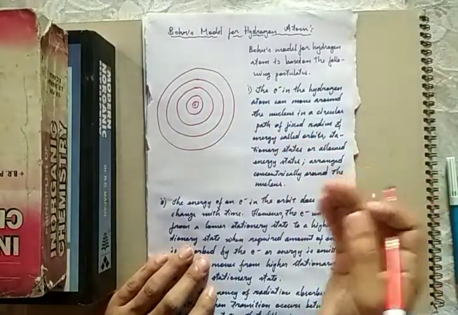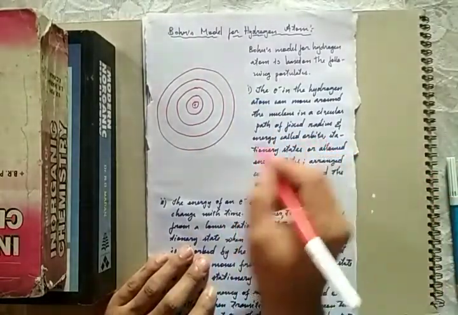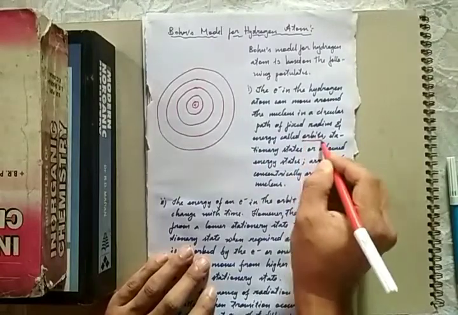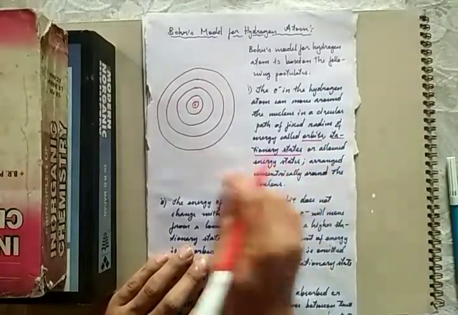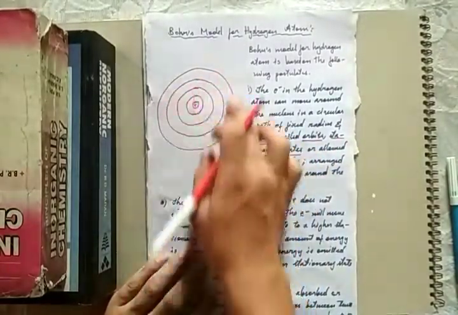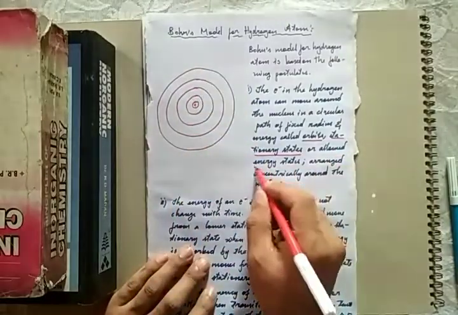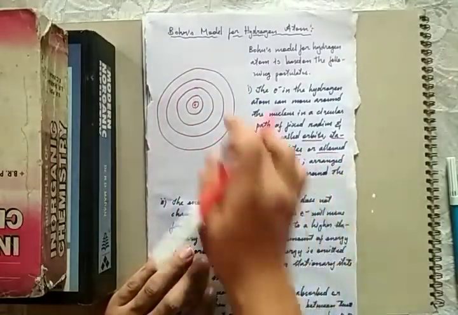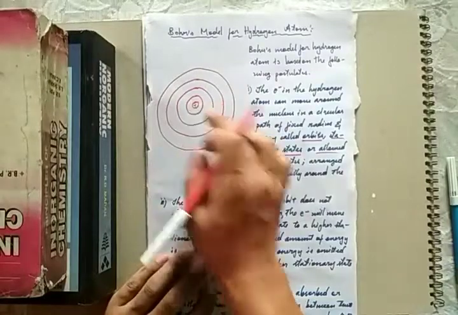We call these orbits or stationary states. These are stationary states or allowed energy states. They are arranged concentrically around the nucleus.